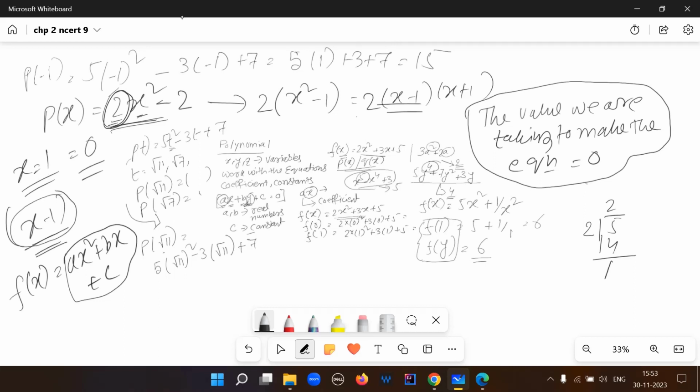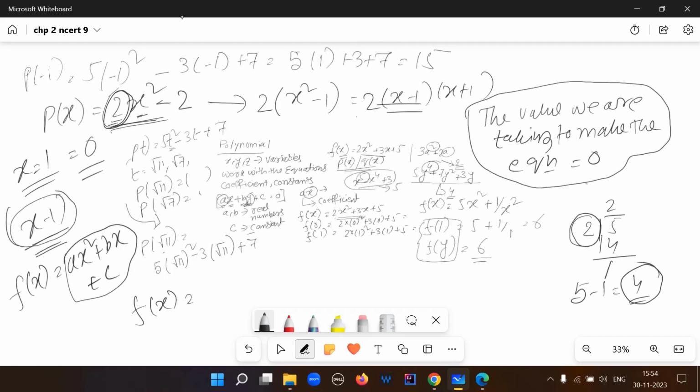If I subtract 1 from the 5 being divided, then 5 minus 1 equals 4. It is divisible by 2 now, divisible by the divisor, which is 2. So the extra value which I am excluding, that is the main question.